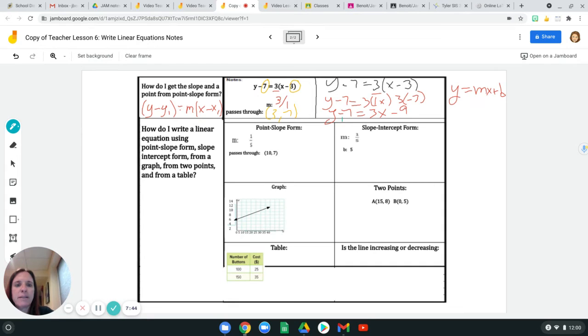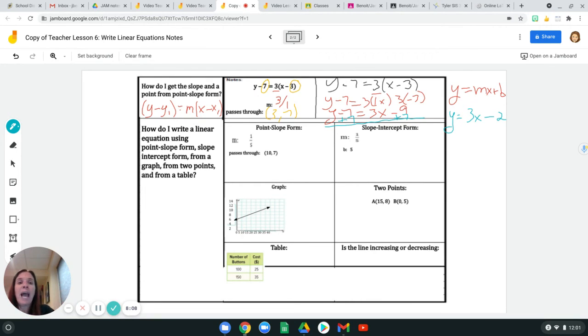All right, so we're going to add 7 to both sides. And when we do that, I'm going to have to write it over here. I'm out of space. We're going to get y equals 3x. Negative 9 plus 7, that's a battle. You have a negative and a positive. 3x minus 2, because negative 9 wins the battle.